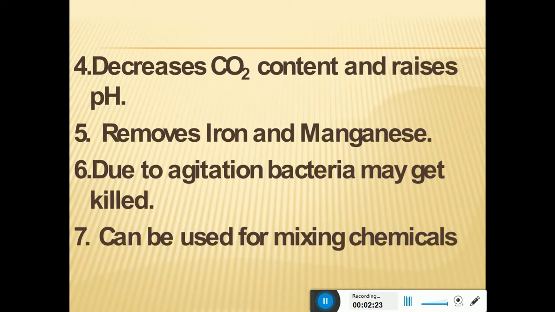So after aeration we have to do a process called coagulation and flocculation. So along with the aeration we can also do the mixing of chemicals, that is by adding coagulants or other type of chemicals to remove any unwanted impurities or pollutants from the incoming stream of water in the process of water treatment.